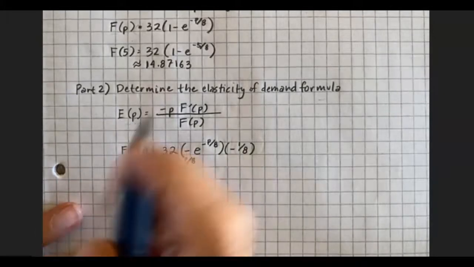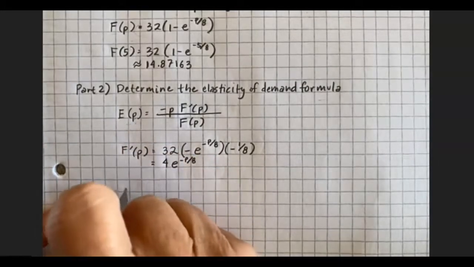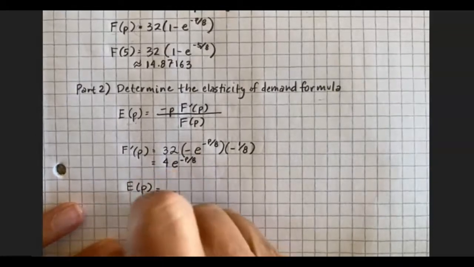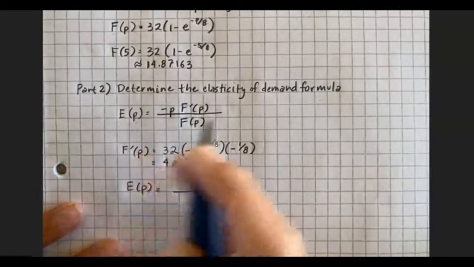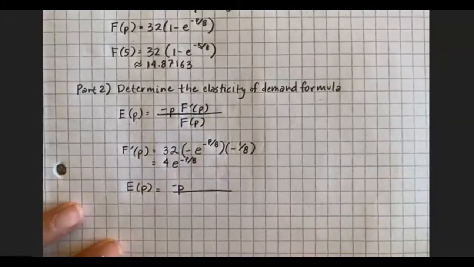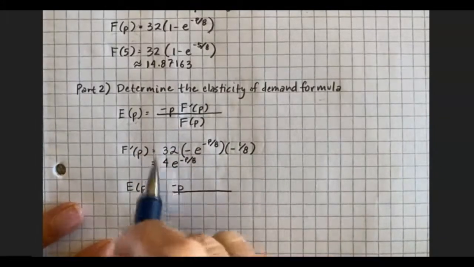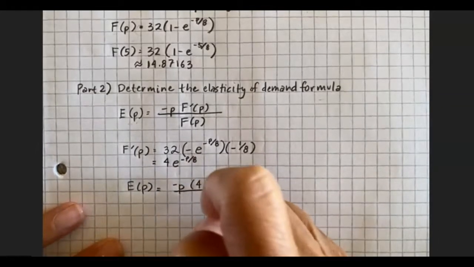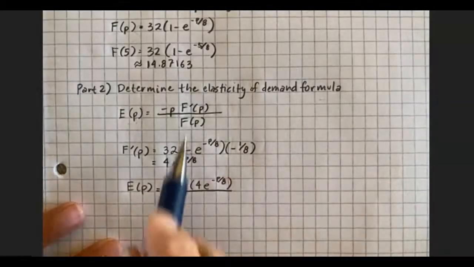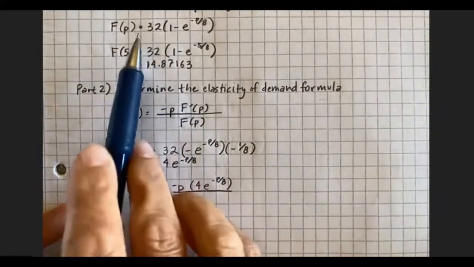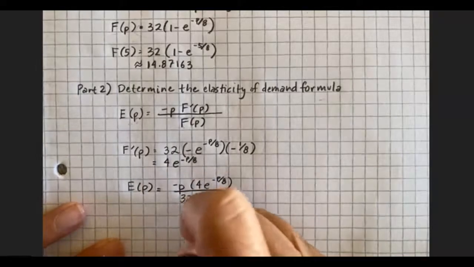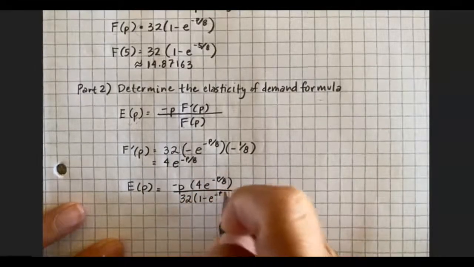All right, so E of P then is equal to negative P, which is our variable, so it's fine, and then F prime of P, which is 4e to the negative P over 8, over F of P, which is 32 times 1 minus e to the negative p over 8.